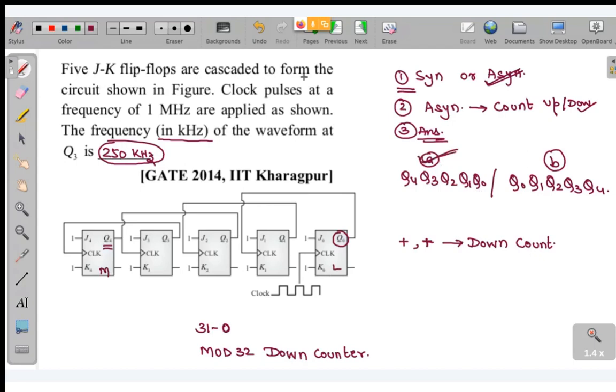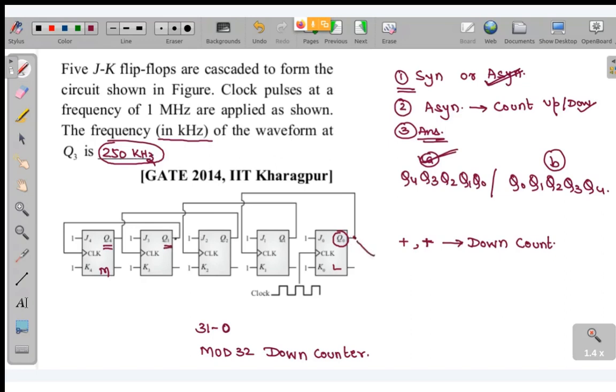Now we need to find what? 5 JK flip flops are cascaded to form the circuit shown in the figure. The clock pulse at the frequency of 1 megahertz is applied as shown. Find the frequency in kilohertz of the waveform at Q3. So we need to find the output frequency over here.